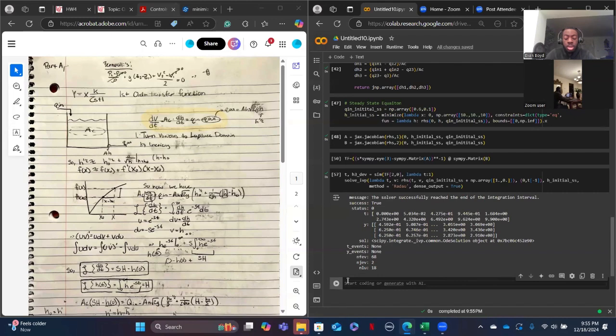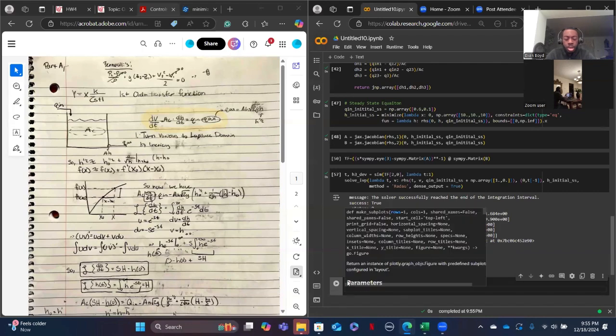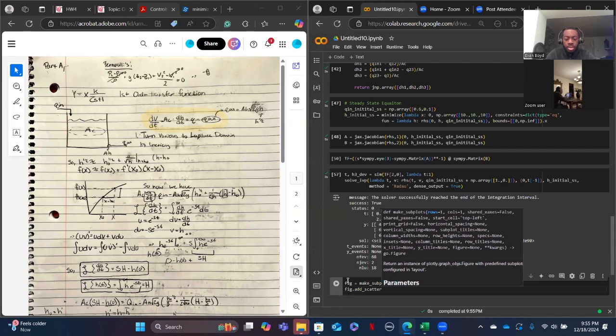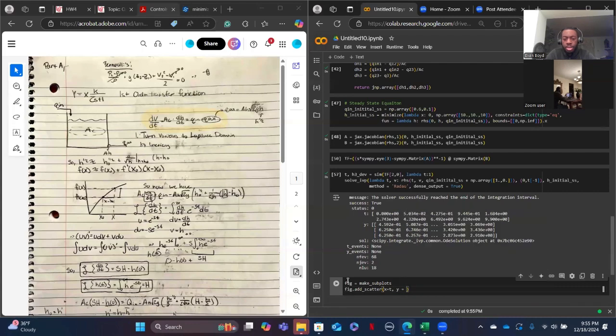So let's just do fig is equal to make subplots. Fig dot add scatter, x is equal to our time, our y is equal to our h3 dev plus, what is it? We're supposed to add our initial flows.